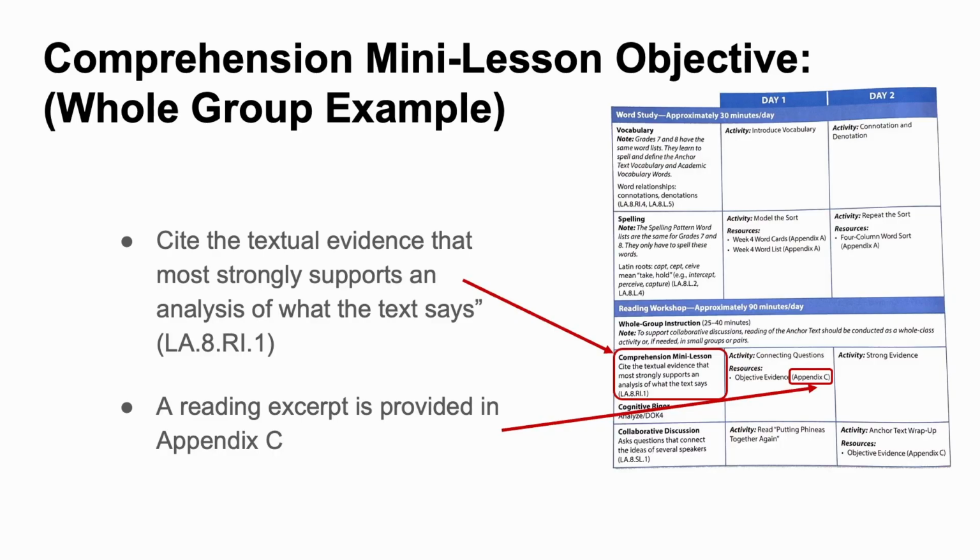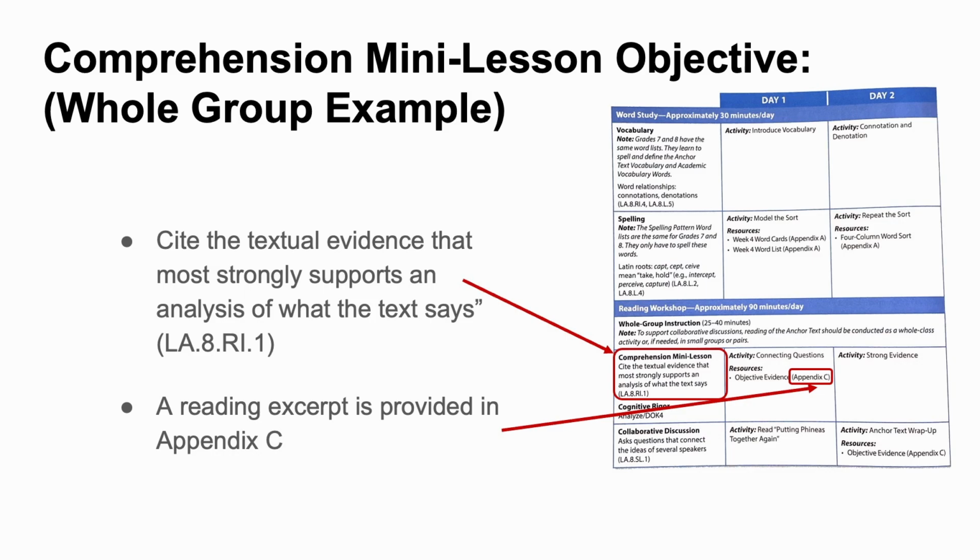Here's another example. This is a comprehension mini lesson that exists right there in the DLG. This is probably for an upper grade level because you can read the objective, right? Your DLG will be a little different, but you can see that box is where the idea would be.